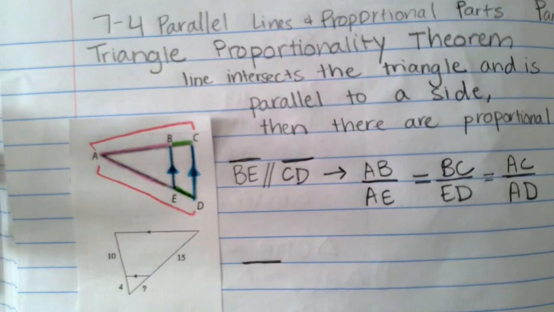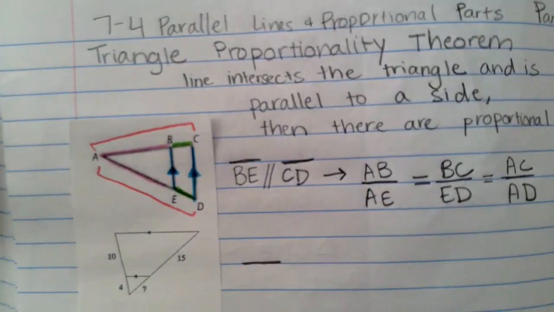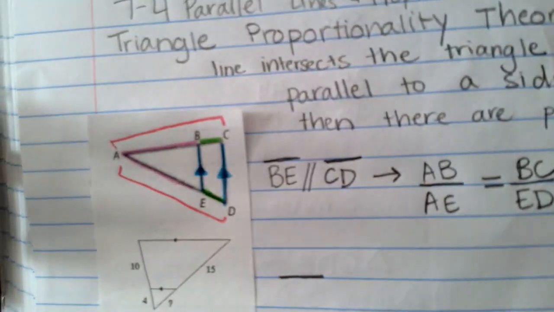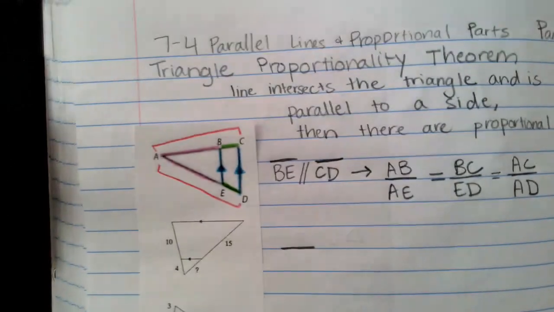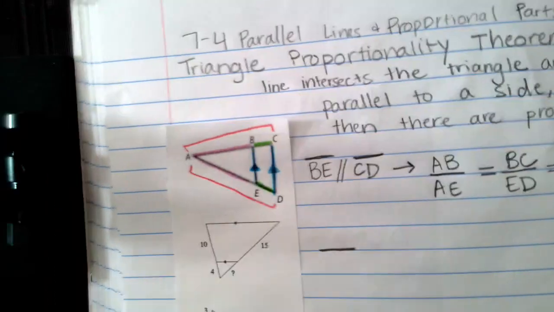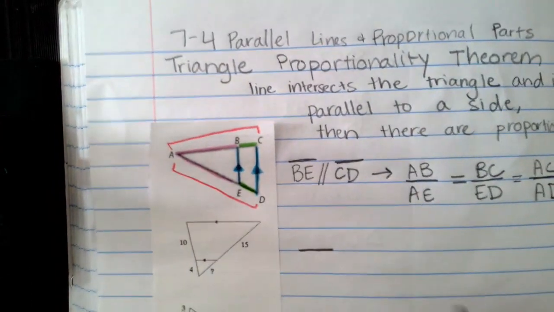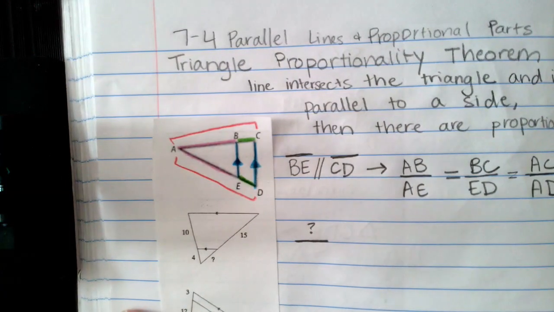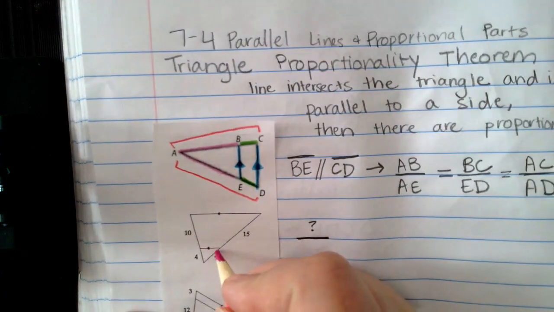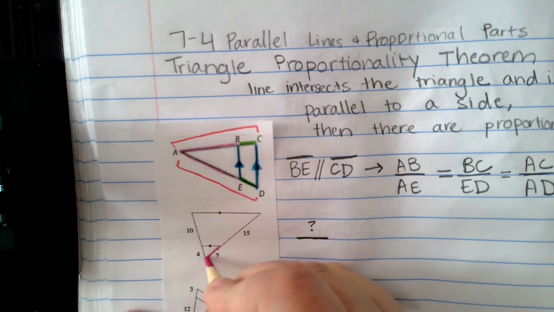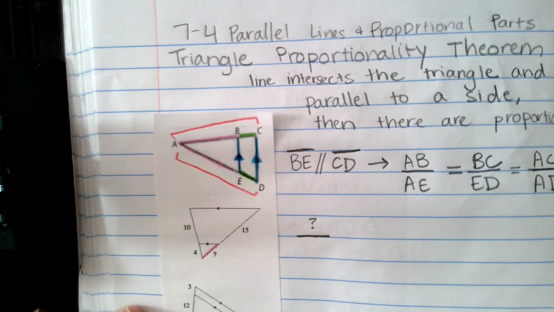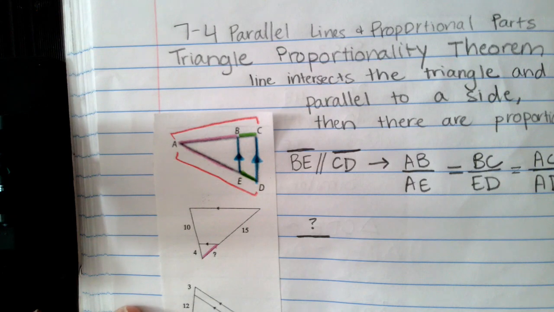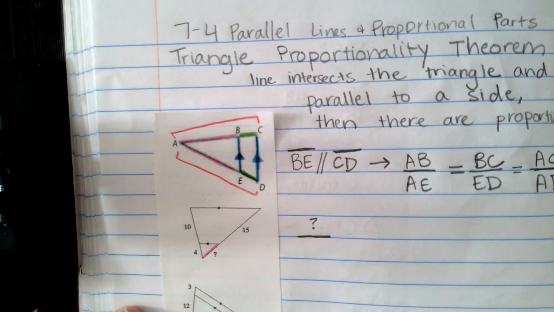Alright, so we're going to put the question mark in the top. And that question mark is going to be compared to what other side, or what other amount? 4. Okay, and then what will I put on top for the second part?